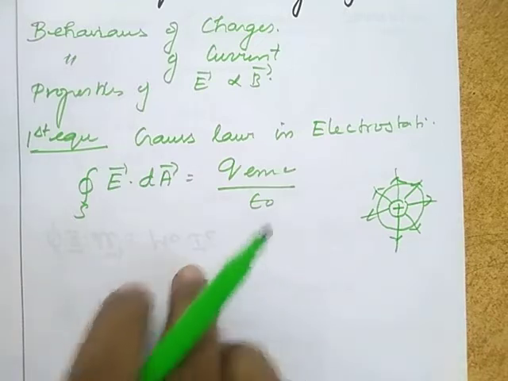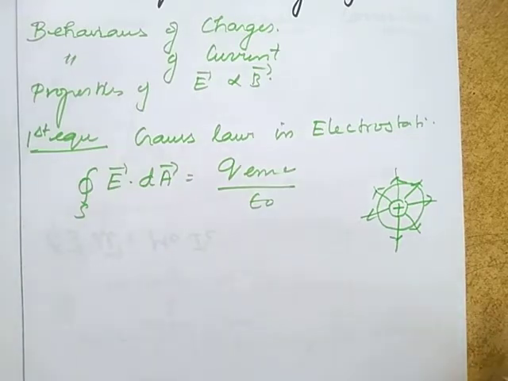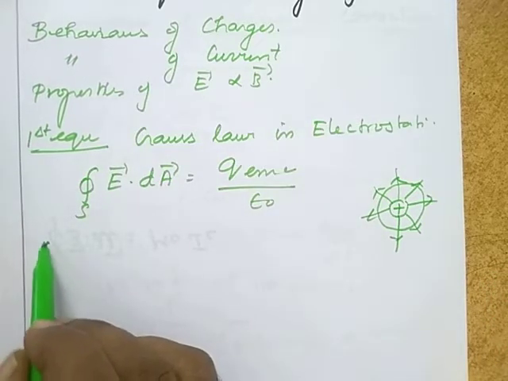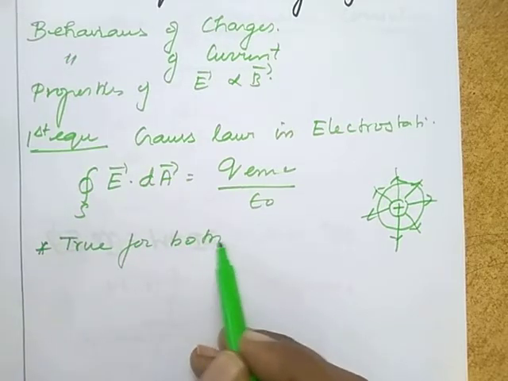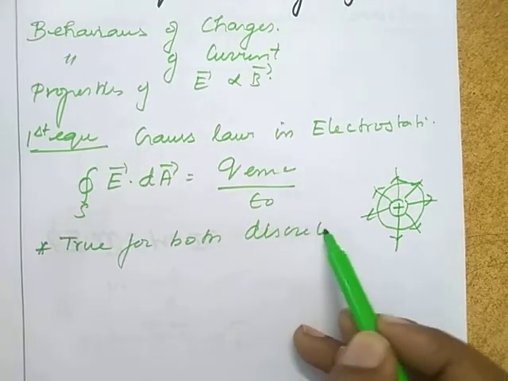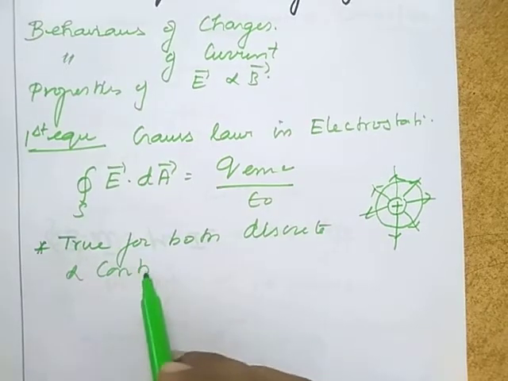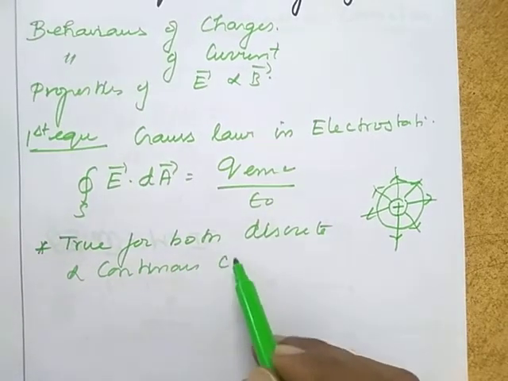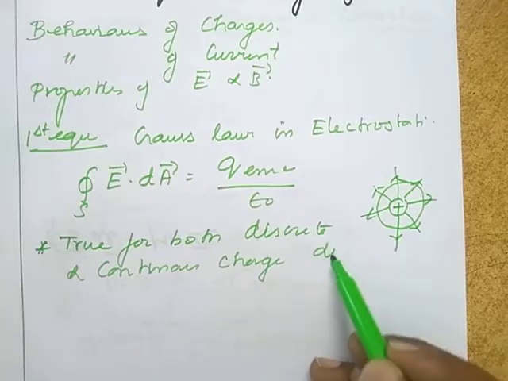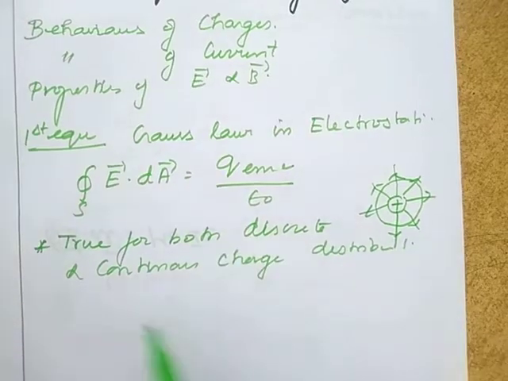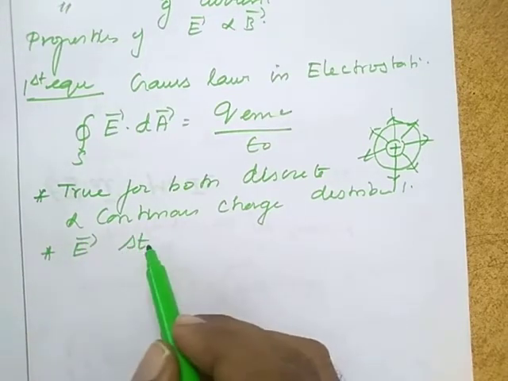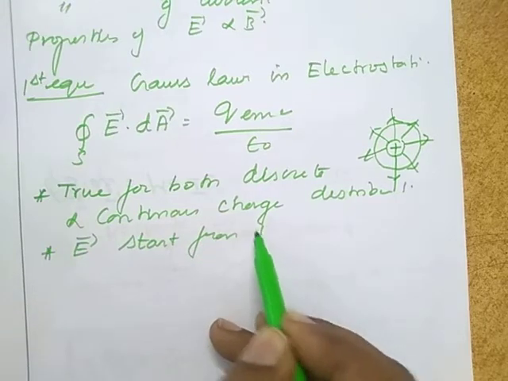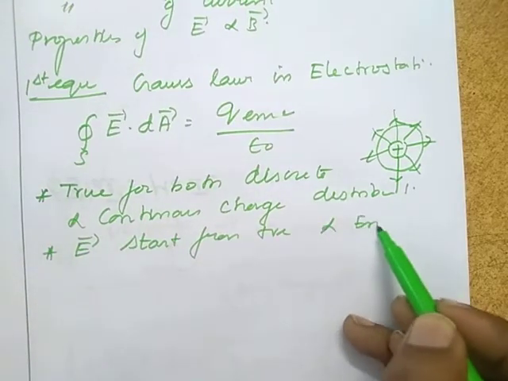This law is true for both continuous and discrete charge distribution. This law states the electric field lines start from positive charge and end with negative charge.